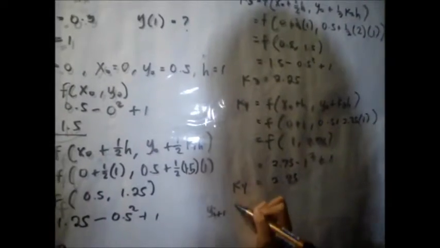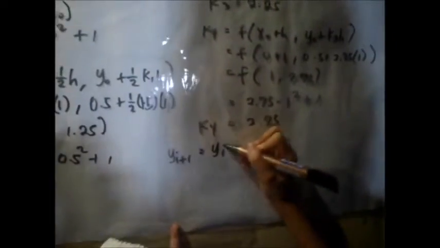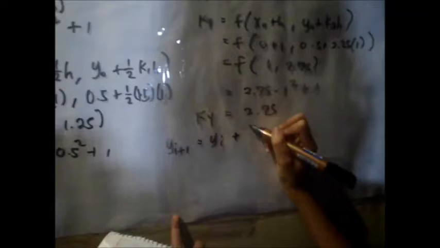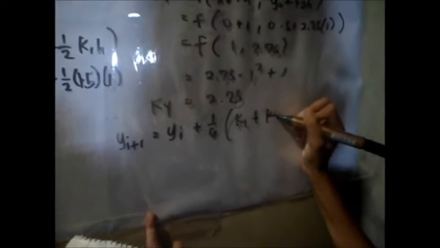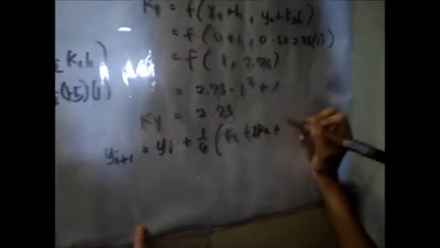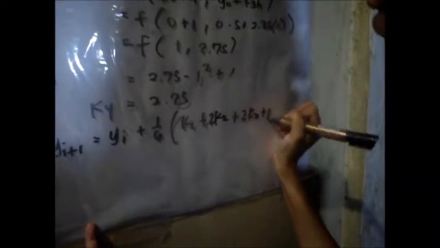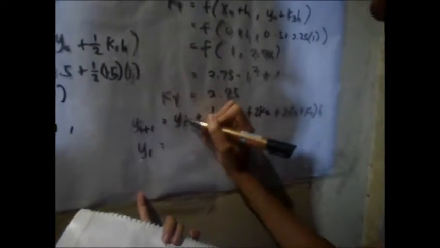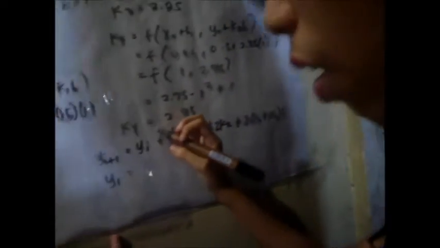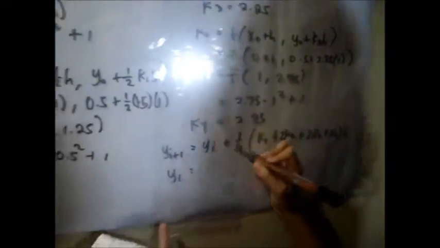So, to obtain the y of this RK4 method, we have the formula: y1 is equal to y sub 0 plus 1 over 6 times k1 plus 2 k2 plus 2 k3 plus k4, times h. So, again, substitute. The y sub 0 is 0.5.